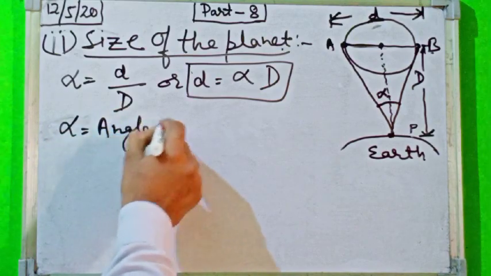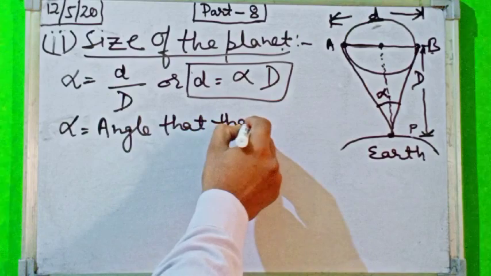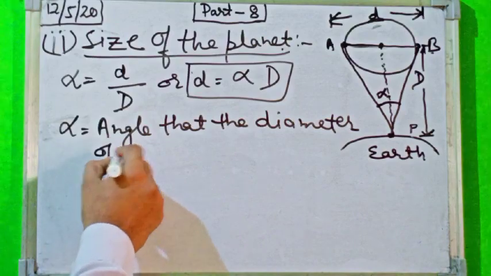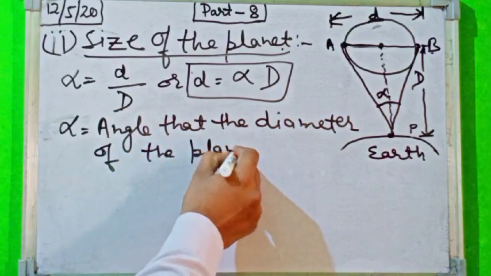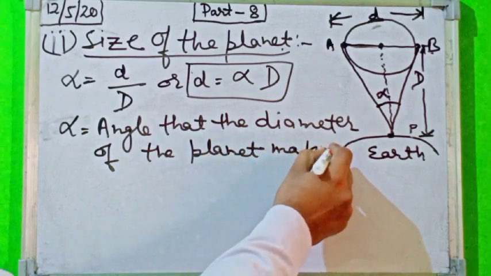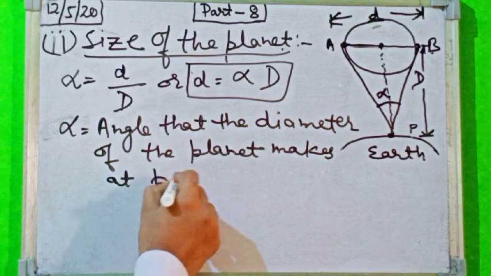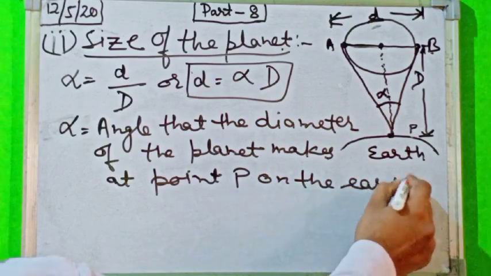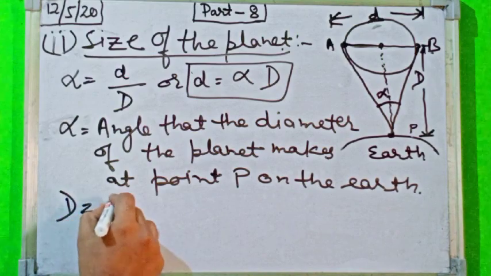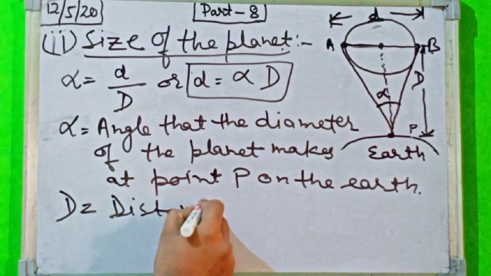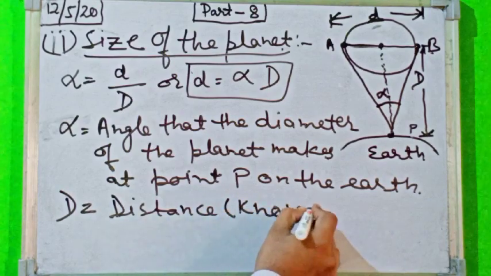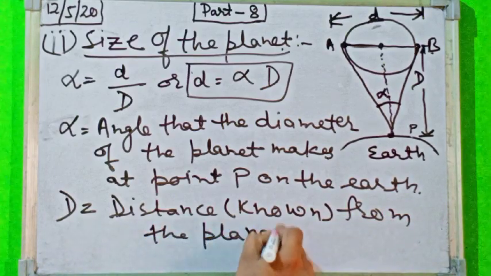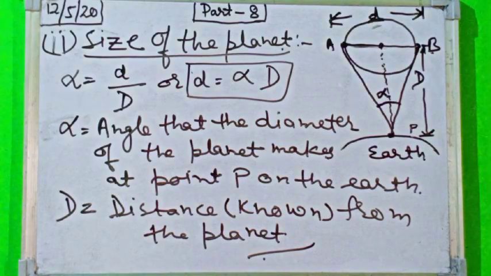The angle that the diameter of the planet makes at point P on the earth, and capital D is the known distance from the planet.